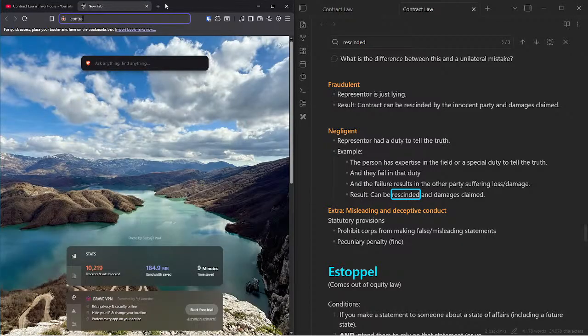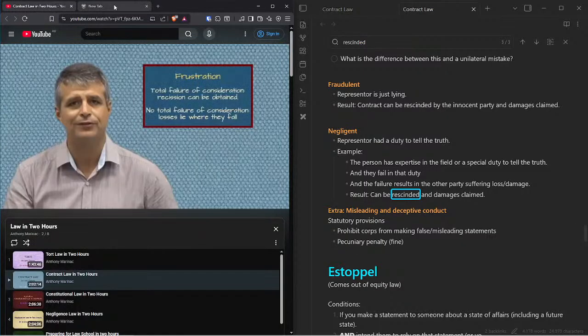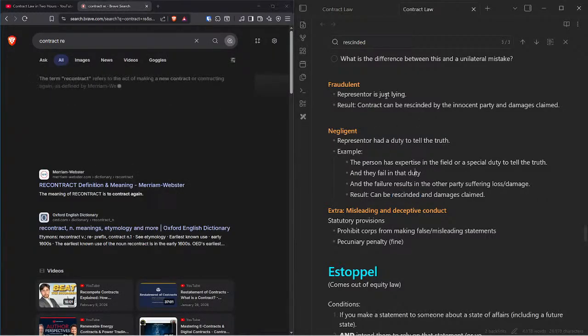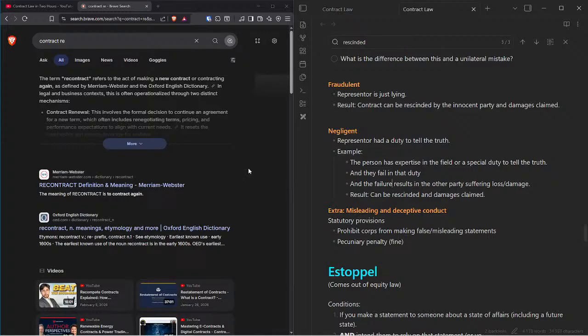No. What? Why are these different words? I mean, they are, but why is rescinded R-E-S-C and rescission is R-E-C? Oh my god. Oh, maybe it's Australian versus American spelling, and maybe my spell check here is US.